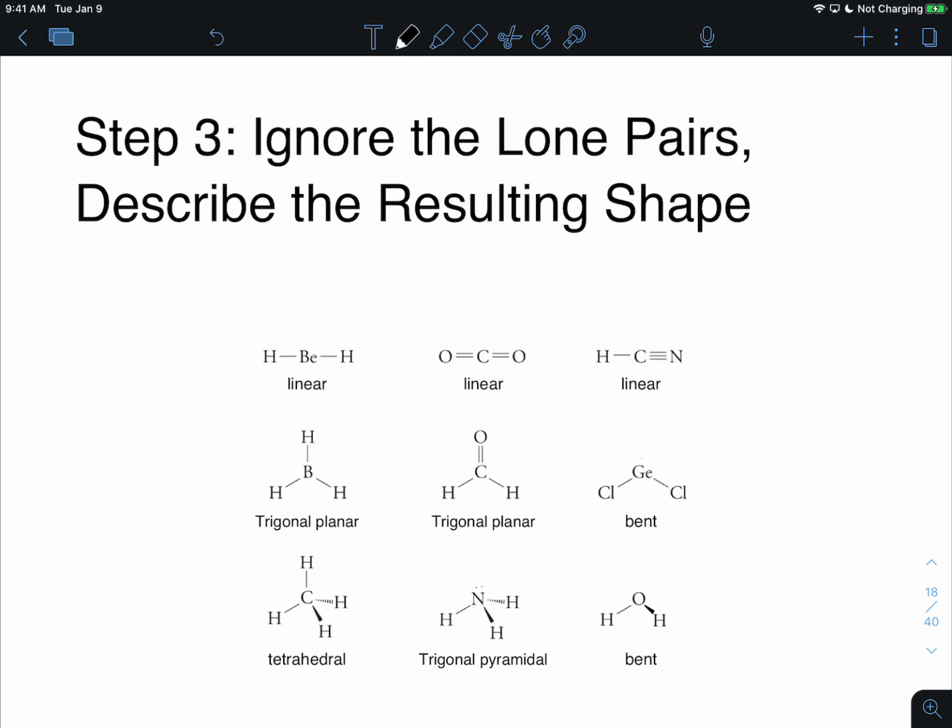Next, we're going to look at just the shape that atoms themselves are making, ignoring our lone pairs. Again, our lone pairs are still causing the bonds to have a specific bond angle, but we're just ignoring them when we're thinking about what shape it's making. So in the first one, each one of these has a linear shape of the atoms. They're all in one line, so we have a linear molecular geometry.